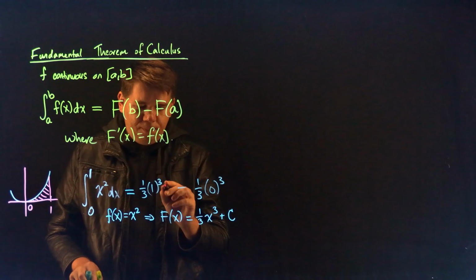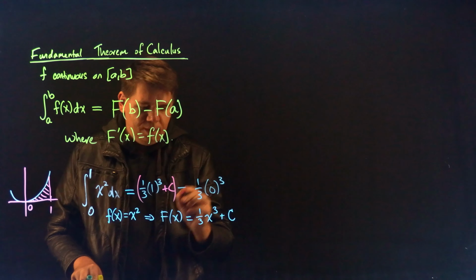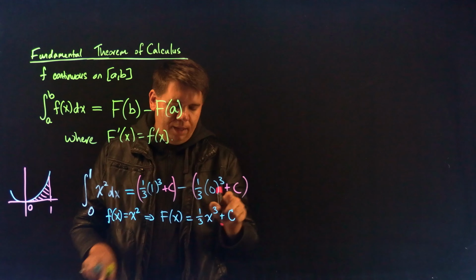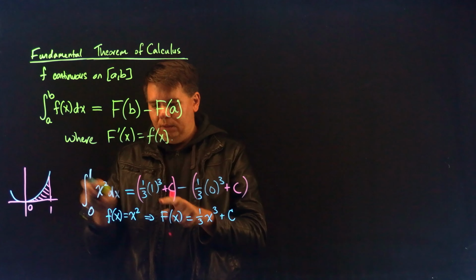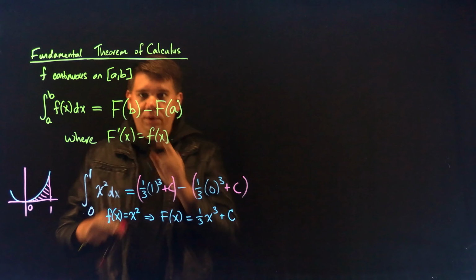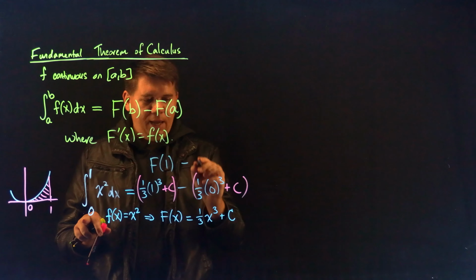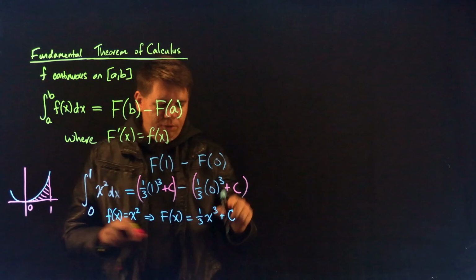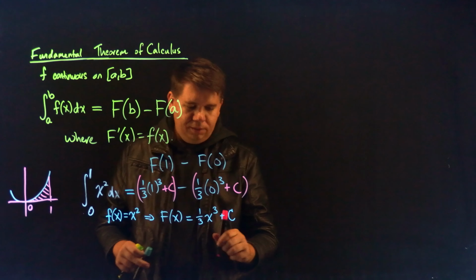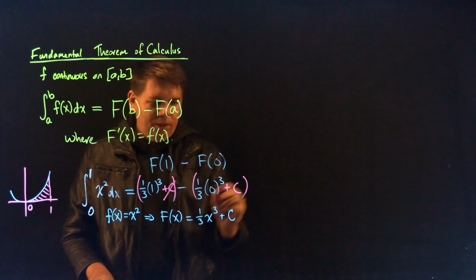Because you'd have plus c, but then you'd be minusing the plus c again, because it's plug in the 1, plug in the 0. Here I'm just doing F of the top, 1, minus F of the bottom, 0. And so if I put this plus c, they're just going to cancel.